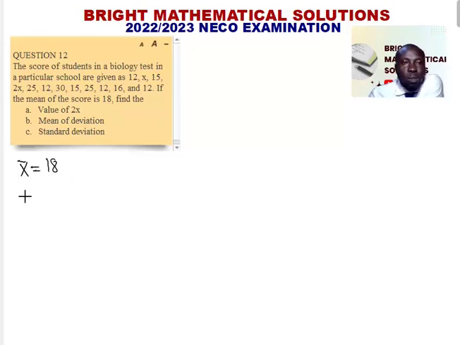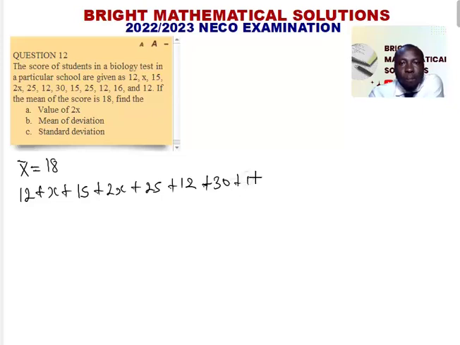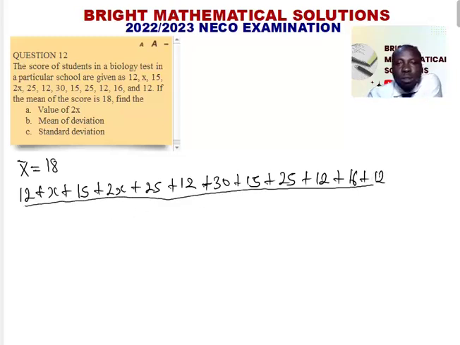And to find the mean, it means 12 plus x plus 15 plus 2x plus 25 plus 12 plus 30 plus 15 plus 25 plus 12 plus 16 plus 12 all over the total number, which is 12.